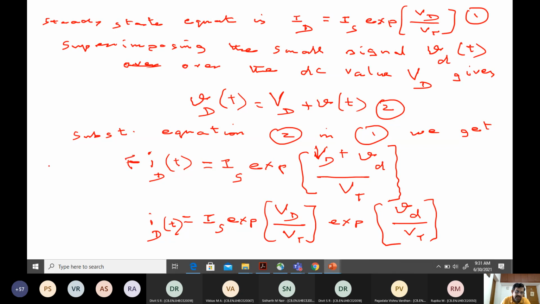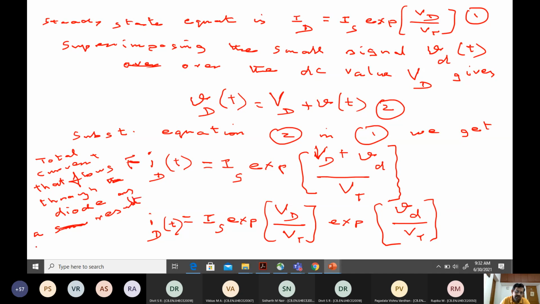This is the total current that flows through the diode as a result of small variation, as a result of superimposition of small signal over DC.